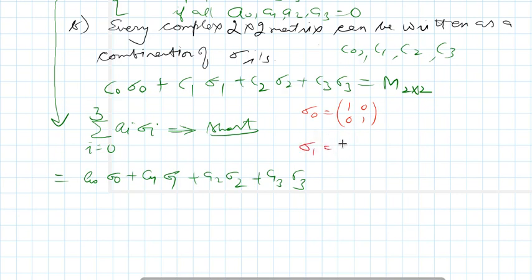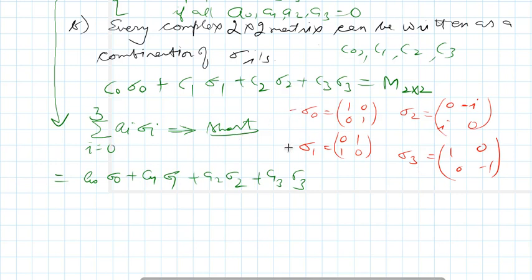Sigma 1 is equal to [0 1; 1 0], sigma 2 is equal to [0 -i; i 0], and sigma 3 can be written as [1 0; 0 -1], right? So these are the various Pauli matrices.